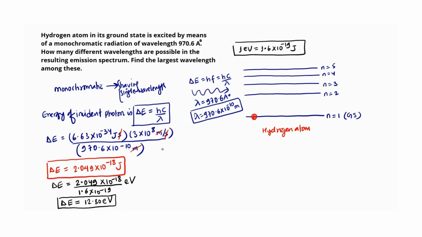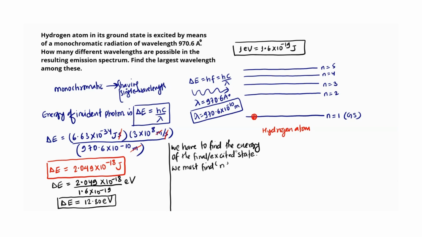So we have to find the energy of the final excited state, and we must find n, the principal quantum number corresponding to the final excited state.